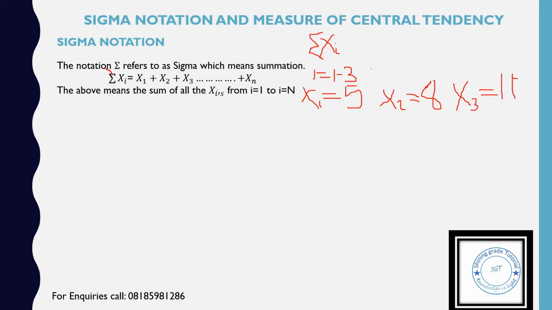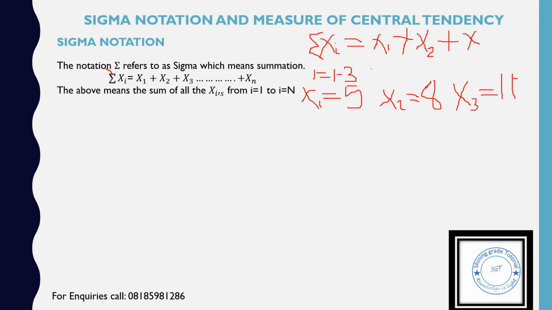Since we are given that, we know that the summation, the sigma notation here, will simply be x1 up to x3. So x1 plus x2 plus x3.